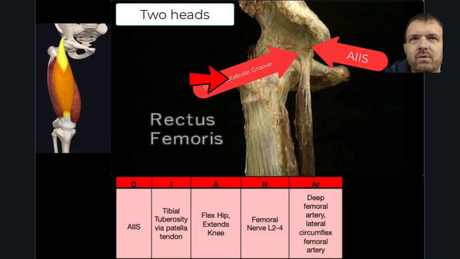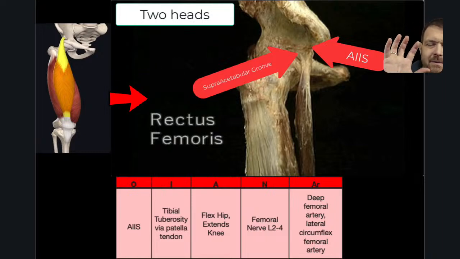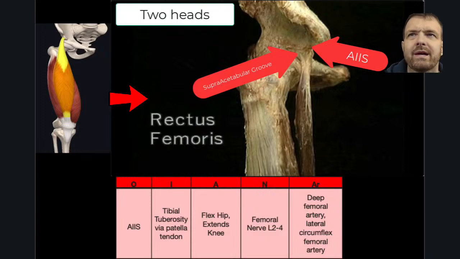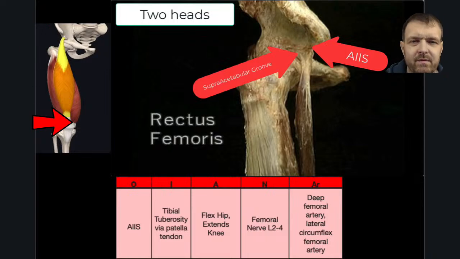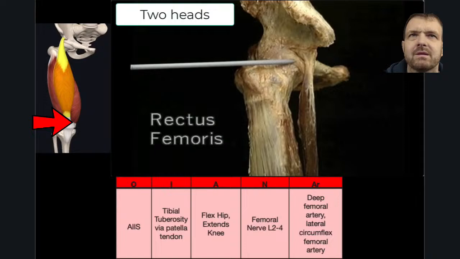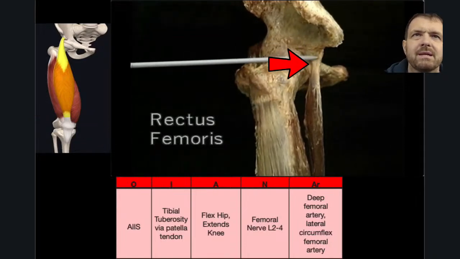Then we've got a supra-acetabular groove. We haven't really covered the hip yet, but the acetabulum is the hip socket, and there is a little groove at the top of the hip socket where your rectus femoris will attach. So it doesn't just attach up here onto the AIIS, there is a slip that comes off into the top of the acetabulum as well.